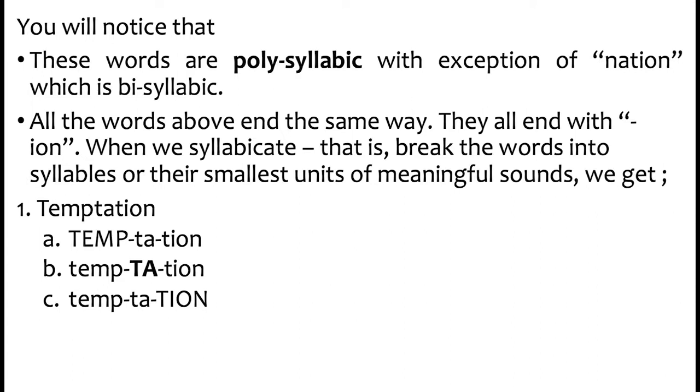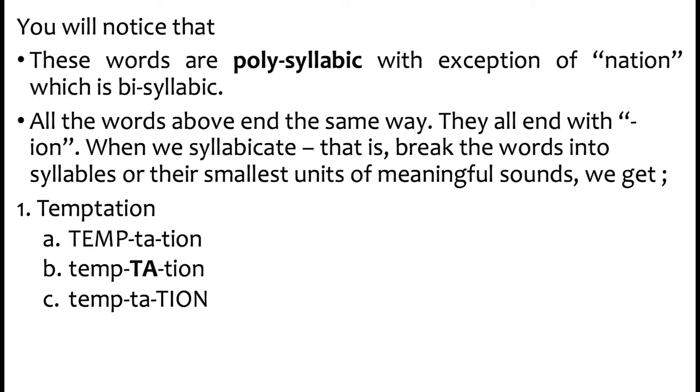Two, all the words above end the same way. They all end with ION. When we syllabicate, that is, break the words into syllables or their smallest units of meaningful sounds, we get number 1. For temptation, we can break it up into 3. Temptation.